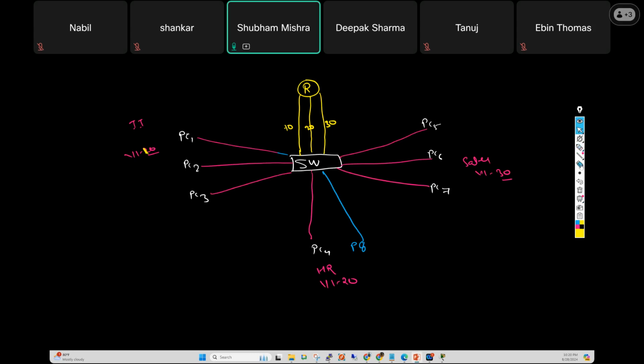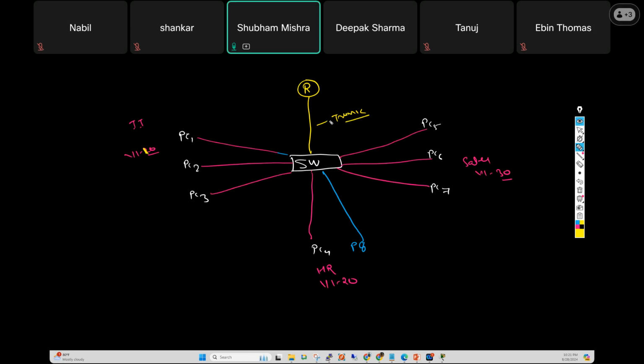But in yesterday's class, what we did, we just used how many links? One single link, and I configured this link as a trunk link. So basically, if we are using the trunk link, it means we are avoiding the wastage of interfaces here.